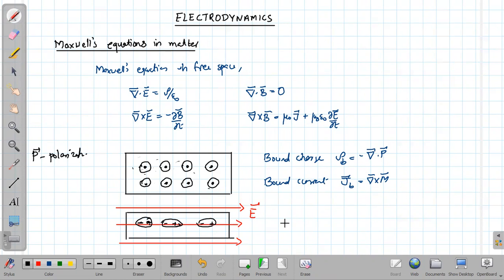So this will lead to a small current to set up the dipole or polarization. In order to set up the polarization, or the induced dipole moment, there will be a small current. Now that small current is called the polarization current.